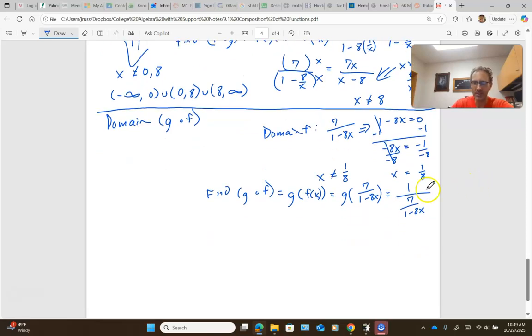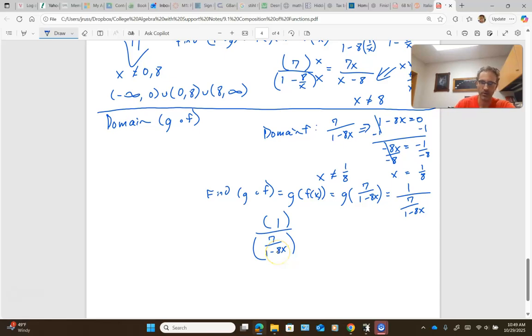Alright, well, we see the same thing occurring that we saw in the last one. We've got a fraction within a fraction. Okay? I'm going to rewrite this over here. So we treat it the same way. We multiply the numerator and the denominator by whatever this denominator is.